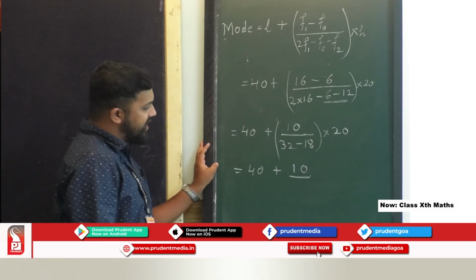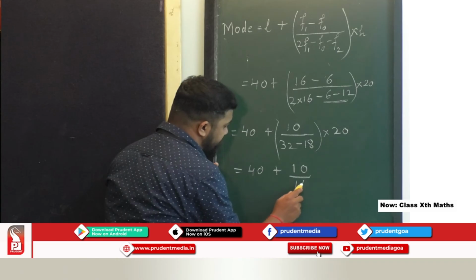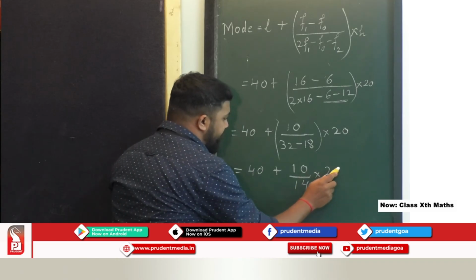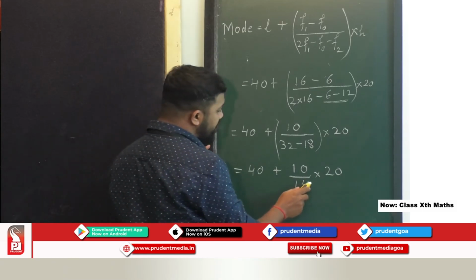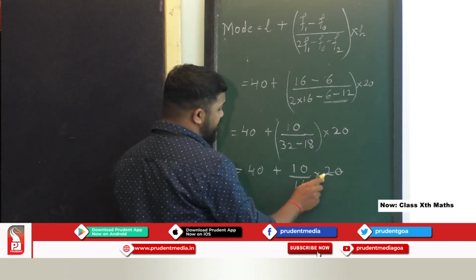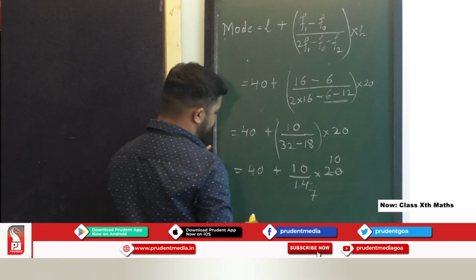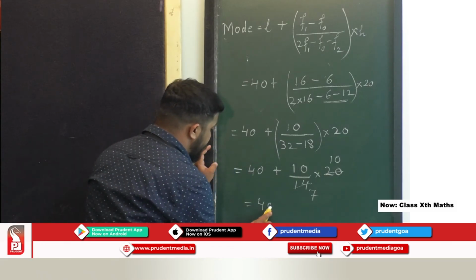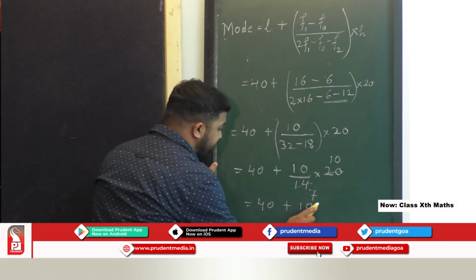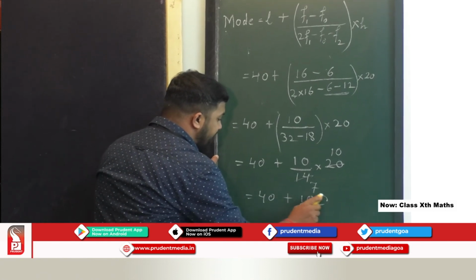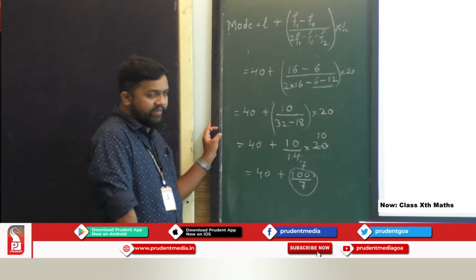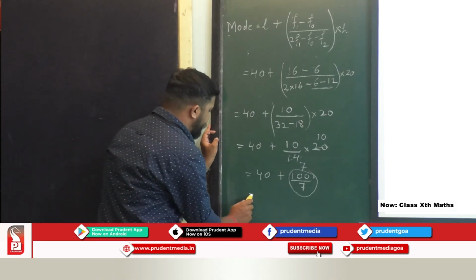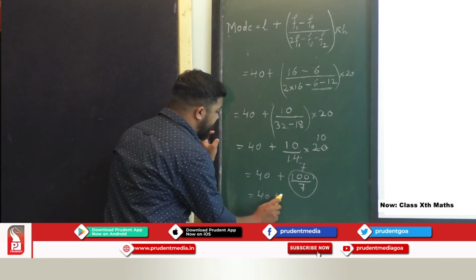So 32 minus 18 will be 14 into 20. I can cancel these numbers, 2 7s are 14, 2 10s are 20. So this will give me 40 plus 10 10s are 100 divided by 7. Again I am telling you, first find the value of this, that is 100 divided by 7, which gives you 14.28.